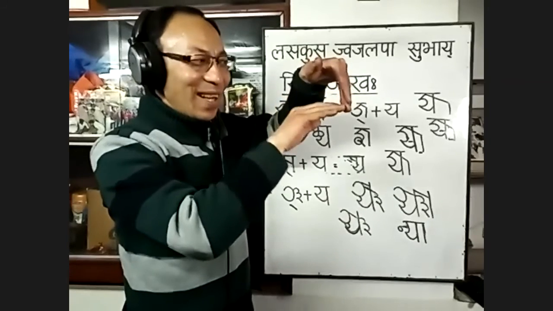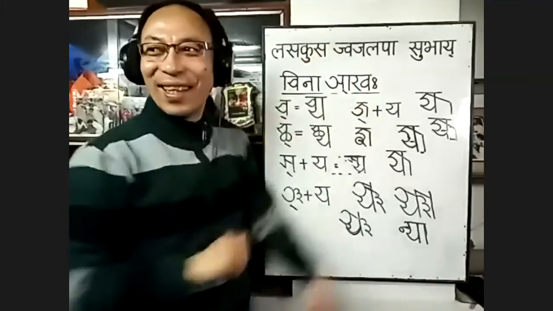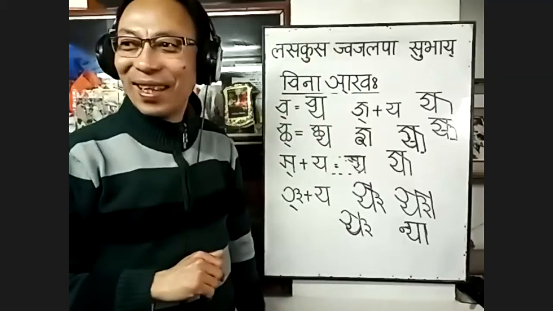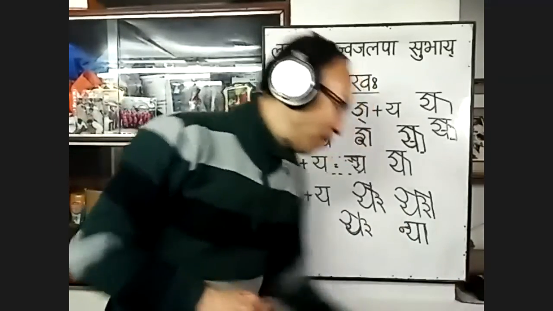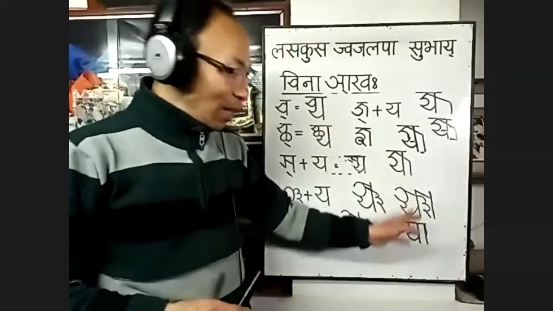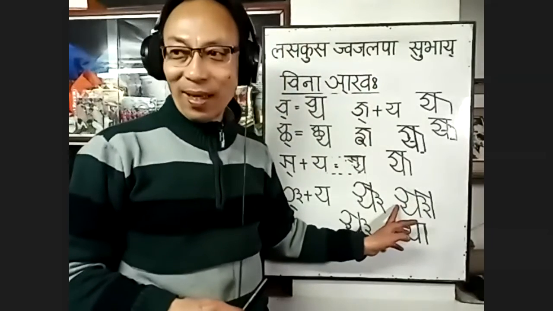Nya and nya. So which one is 5 and which one is walking then? No. That's what I'm saying. Actually, it should be written like this.